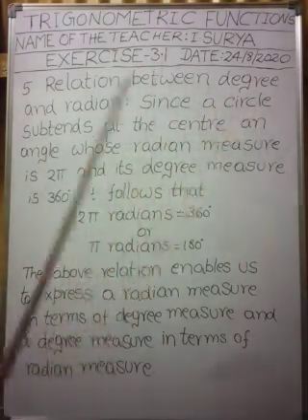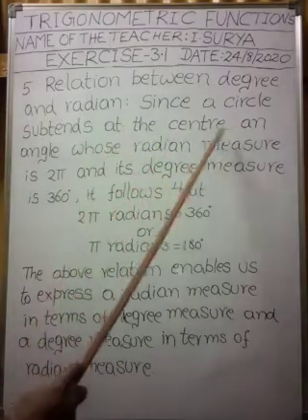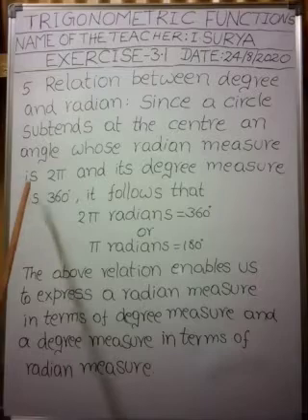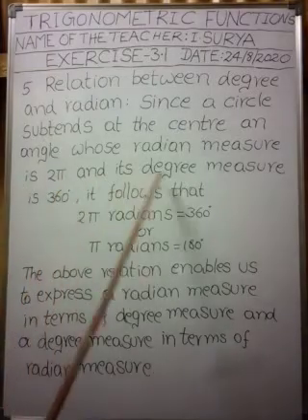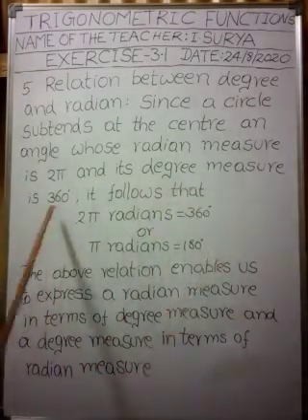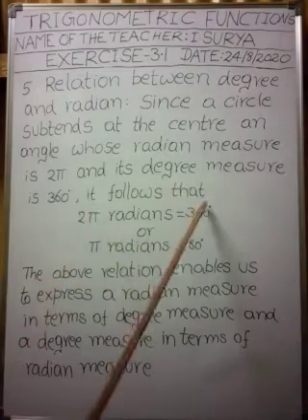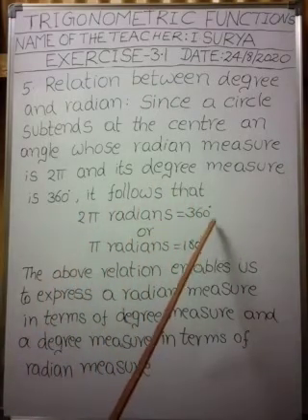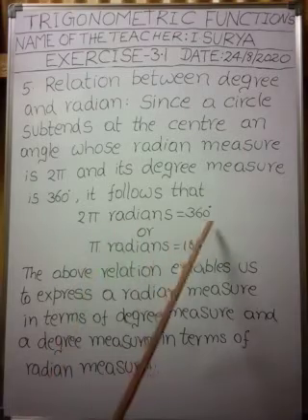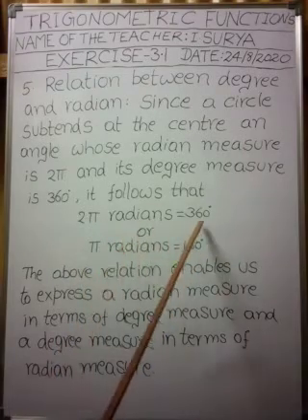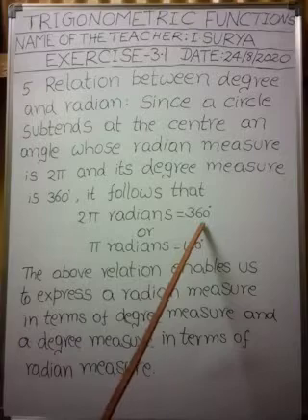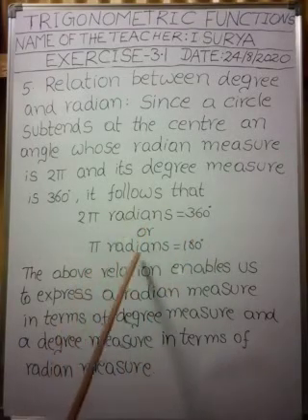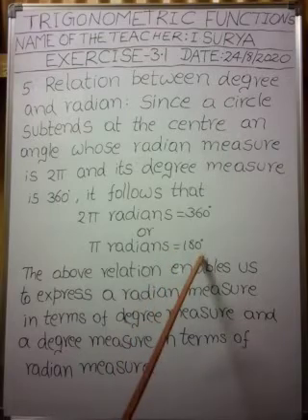Since a circle subtends at the center an angle whose radian measure is 2 pi and its degree measure is 360 degrees, it follows that 2 pi radians is equal to 360 degrees. This is the important relation between radian measure and degree measure, my children. Remember this well. Or pi radians is equal to 180 degrees.